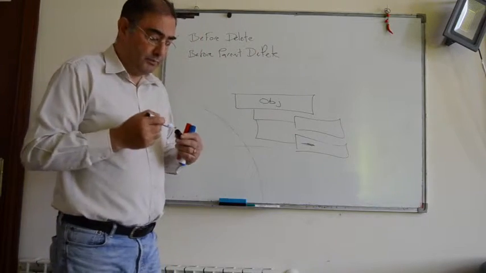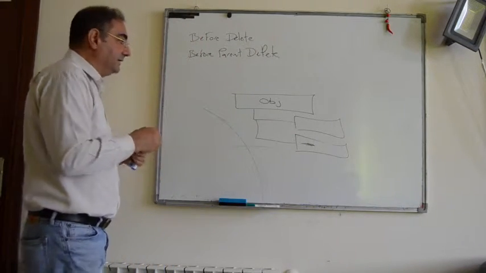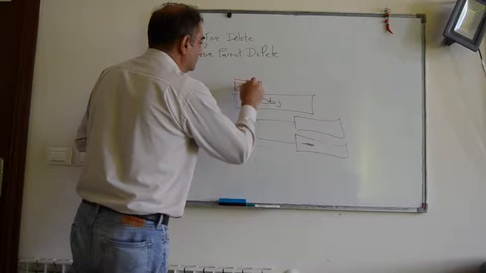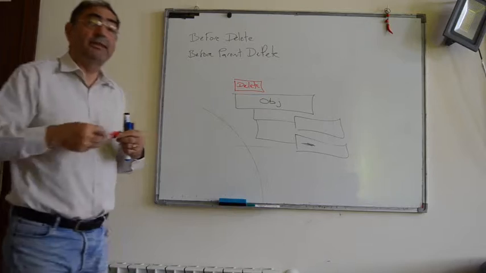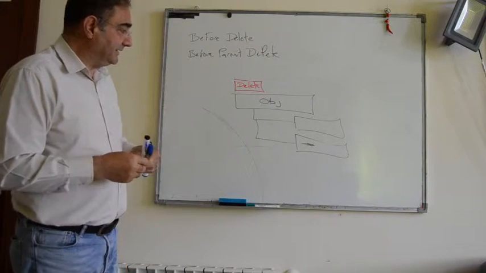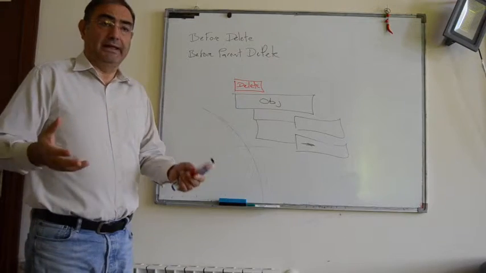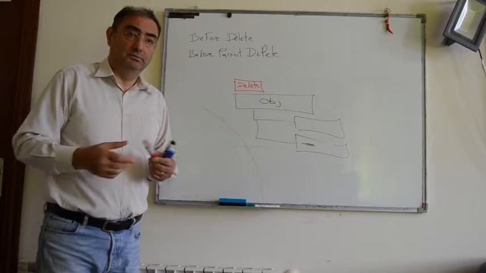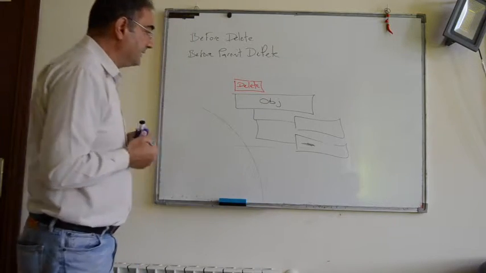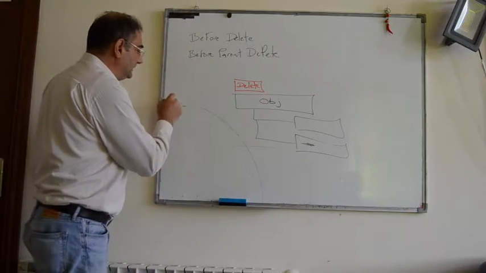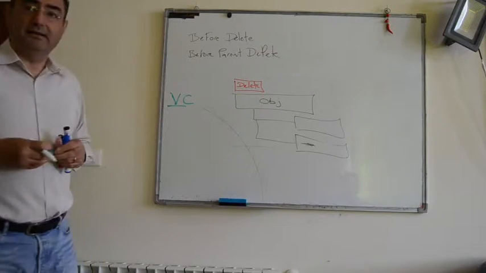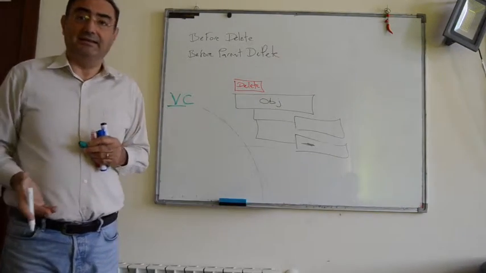When the user presses the function that is here, that's called delete, what happens? The system will go and control by itself, as we did last time in green. The system will do some kind of validation and checking to see if you can delete this.